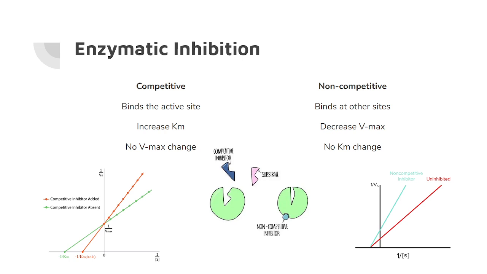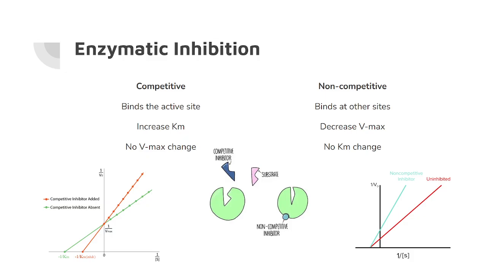The two common types of inhibition that we will often see are competitive and non-competitive. So, firstly, competitive is where an inhibitor, such as here, will bind the active site where the enzyme is performing its enzymatic function, and it's essentially competing with the substrate for that particular binding site.